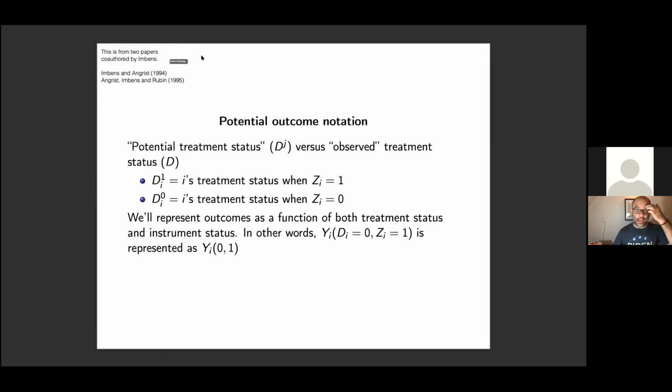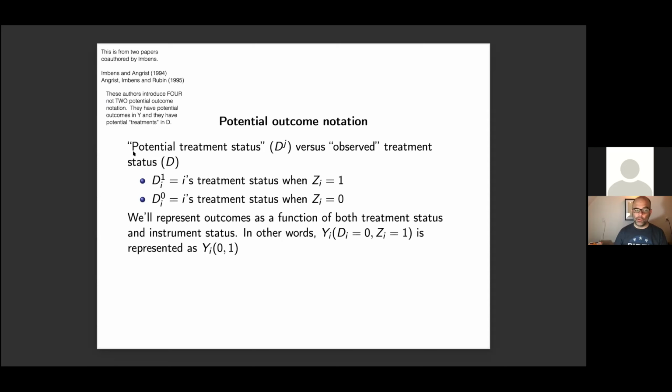What he ends up doing is these authors introduce 4, not 2, potential outcome notation. They have potential outcomes in Y, and they have potential treatments in D.